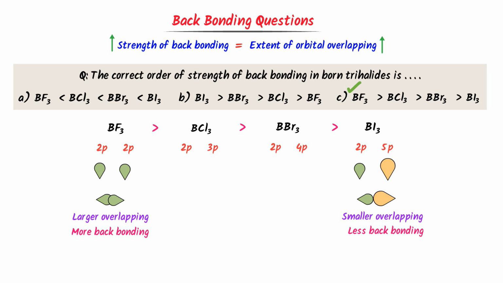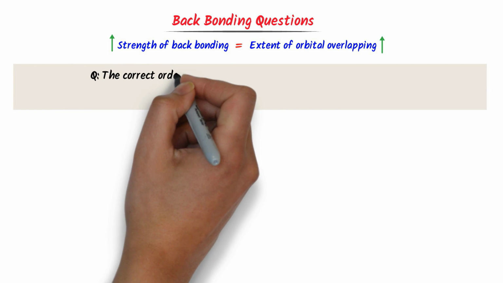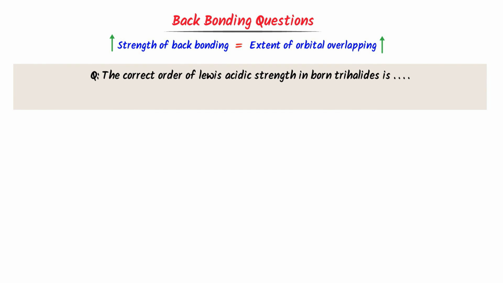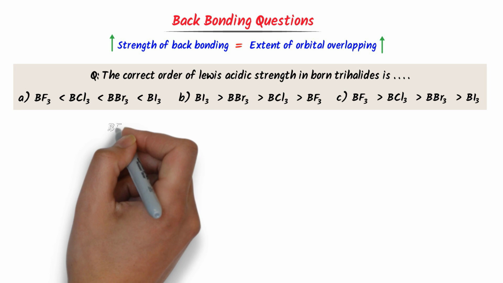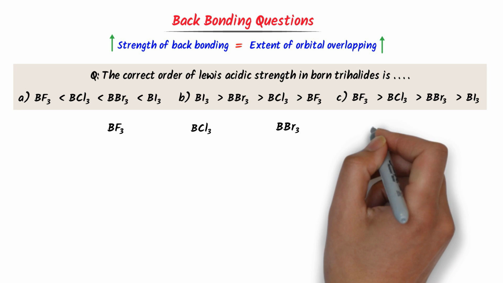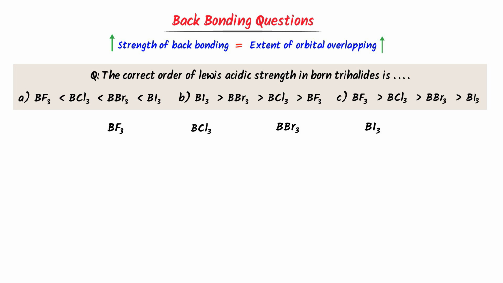Secondly, consider this question. The correct order of Lewis acidic strength in boron trihalides is dash. Well, I again write BF3, BCl3, BBr3 and BI3. The orbitals overlapping is 2p-2p, 2p-3p, 2p-4p, 2p-5p. We know that 2p has smaller size, 2p has smaller size.